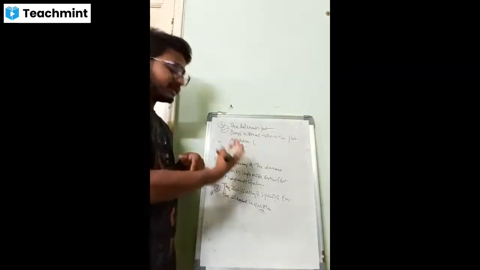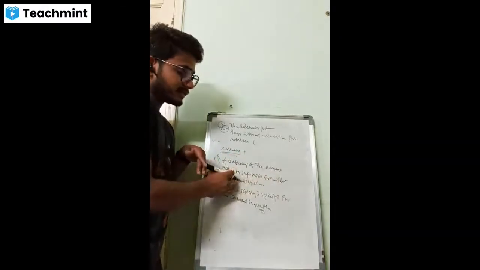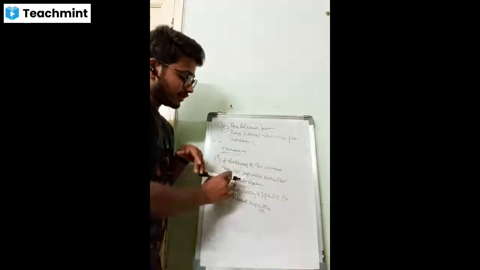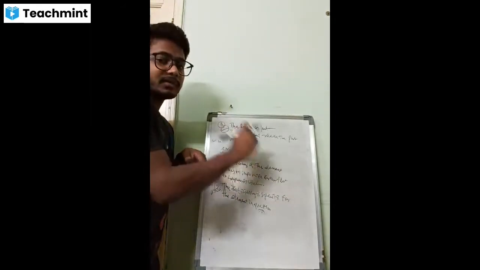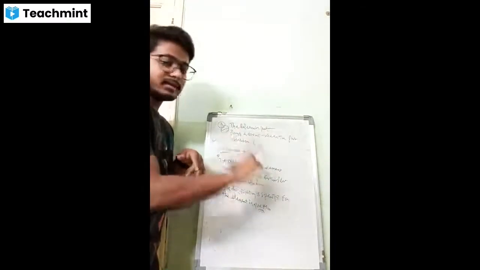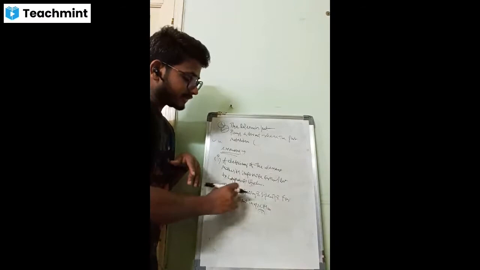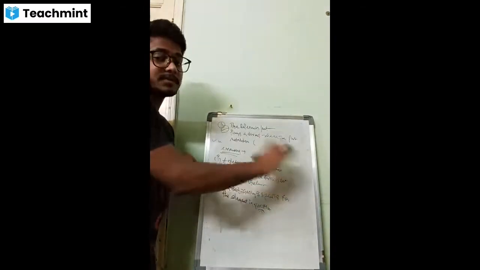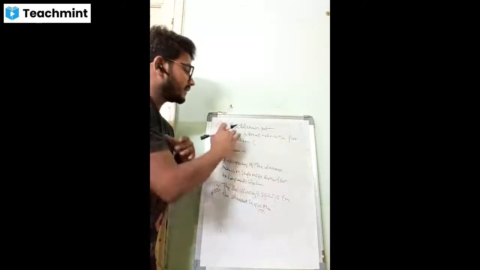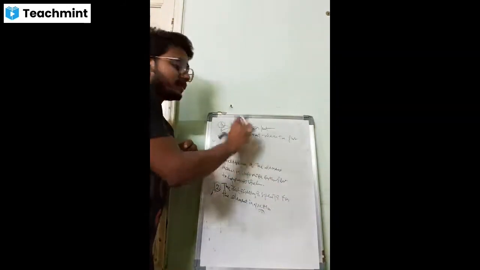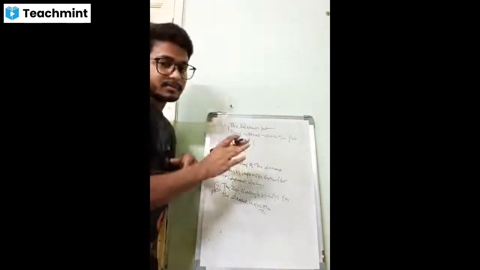So there are three criteria of essentiality. One is that the deficiency of the element makes it impossible for the plant to complete its life cycle. That is the main first important criteria of essentiality. The second one is the deficiency is specific for the specific element. Without that element, the deficiency will not recover. Third one is the elements play a direct role in the plant metabolism.